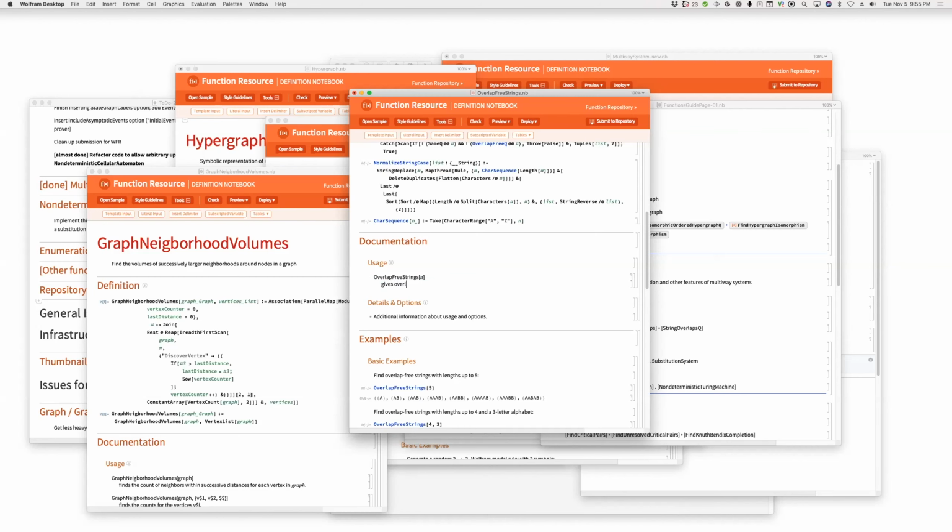gives overlap-free, gives strings of length up to n, strings of 2 characters, with lengths up to n that do not self-overlap.